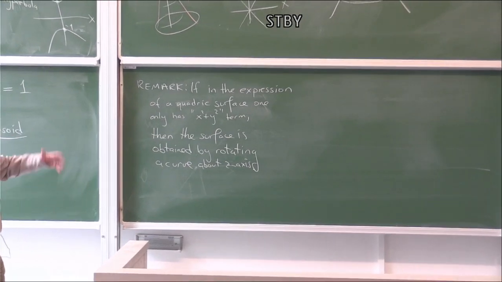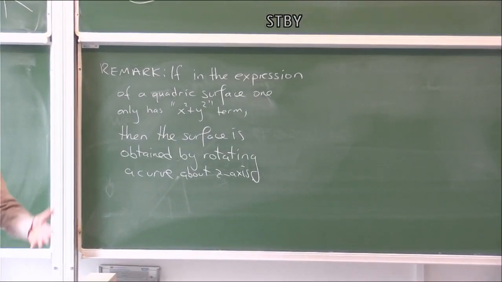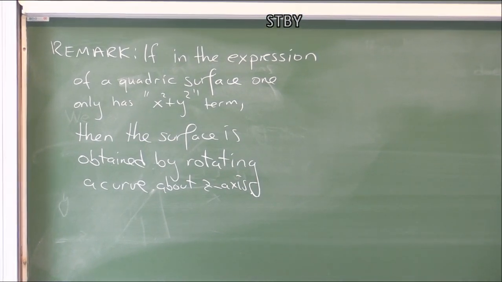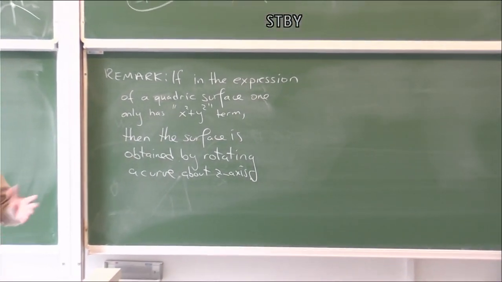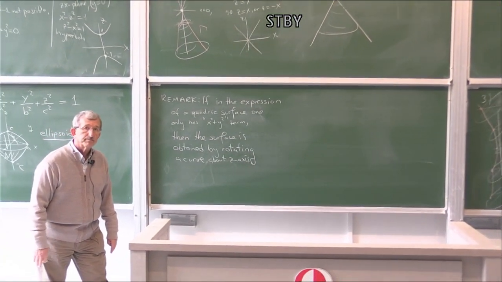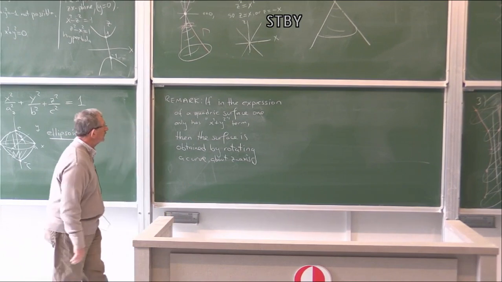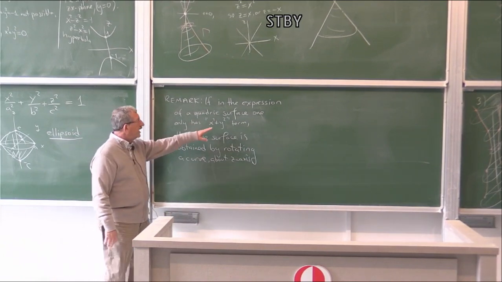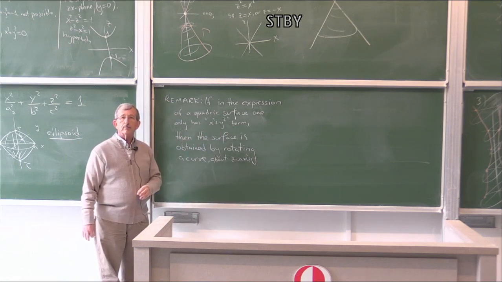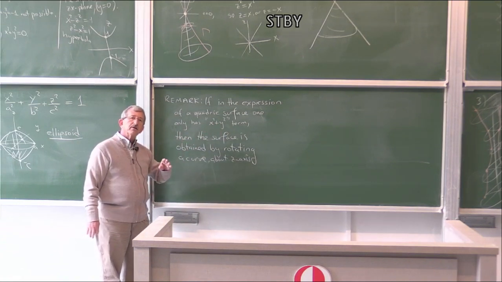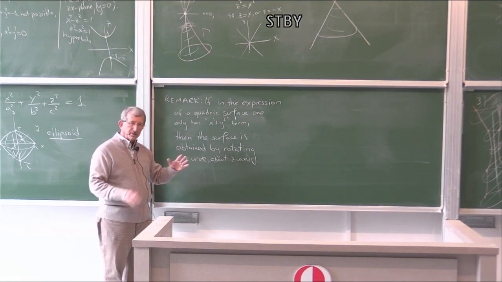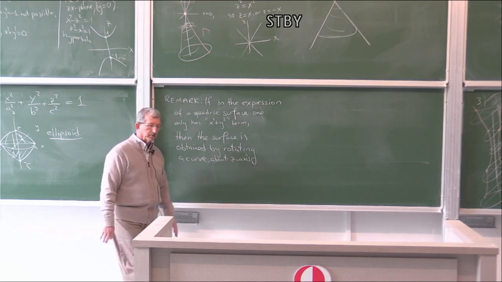Or in the case of a paraboloid, z is x squared plus y squared, and you have a parabola, and you rotate the parabola around the z-axis, you get a paraboloid. Similarly, for the hyperboloids. So this is a useful knowledge. Of course, one can change the roles, namely, if you have only an x squared plus z squared term, it means that you have a rotation about the y-axis this time. So these modifications are certainly meaningful.